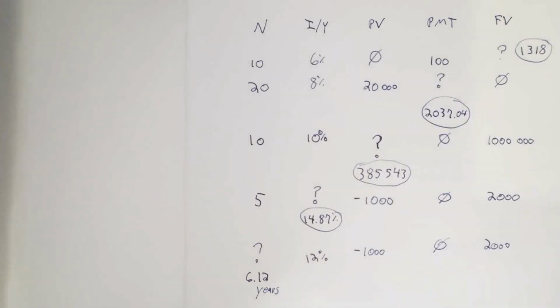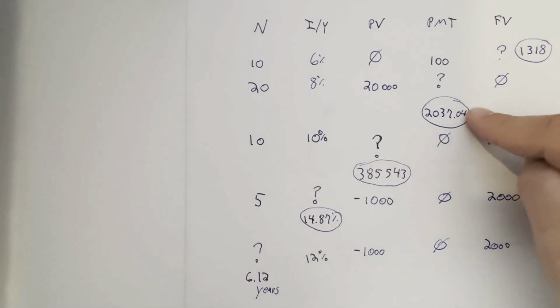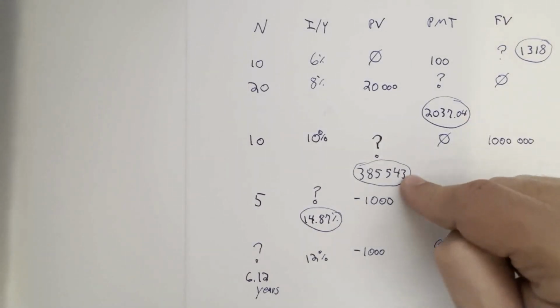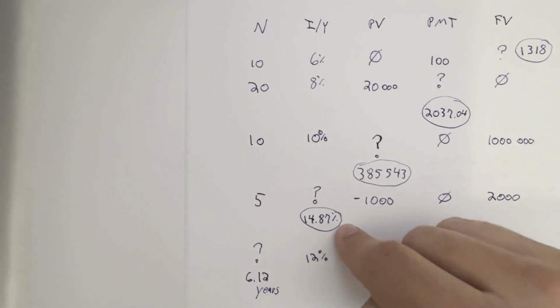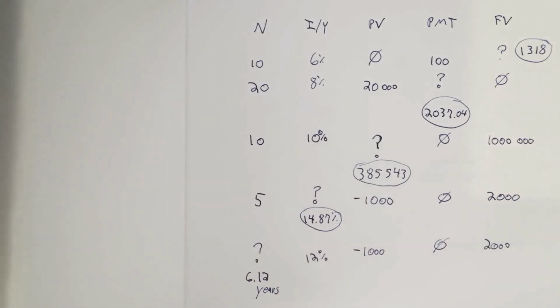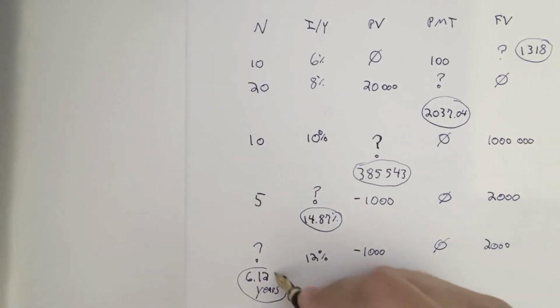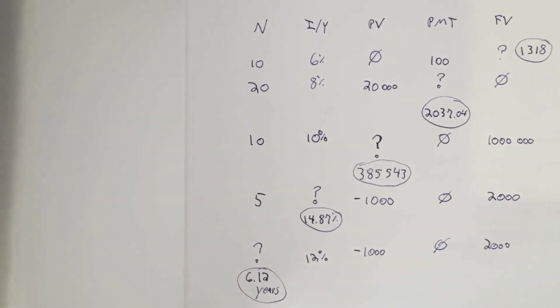If you look at what we've done here, we solved for the future value, we solved for the PMT, we solved for the present value, we solved for the I/Y, and of course now we've solved for the n. We've solved for one of each. None of this is extremely difficult.